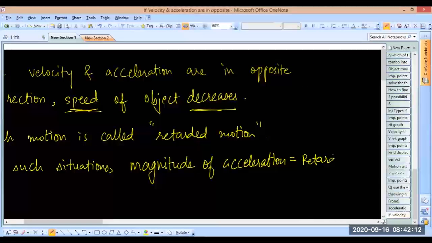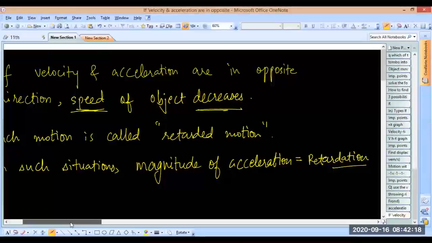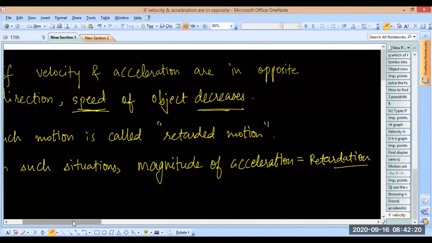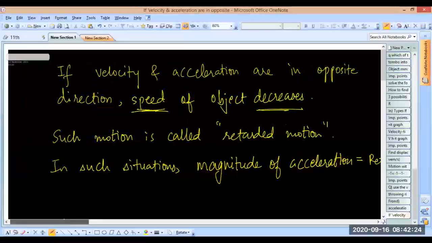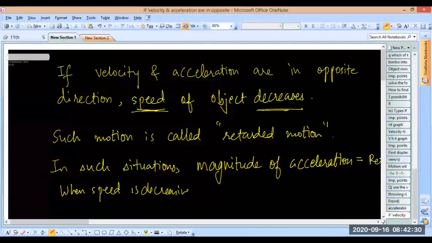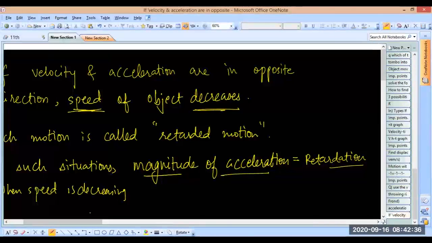This is its only correct definition. There is no other correct definition. That is, when speed is decreasing, you find the magnitude of acceleration. That's called retardation.